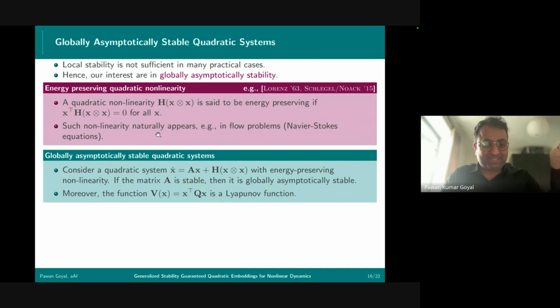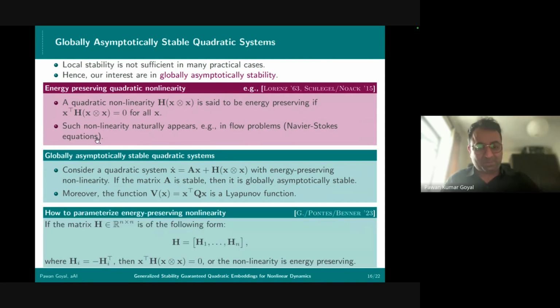But how to parameterize this kind of energy preserving matrices so that we can use them in the optimization sense? Typically we don't know how to parameterize this kind of nonlinearity if it is energy preserving, x transpose H(x, x) equals 0. But if we parameterize your H matrix, which you can think of as a Hessian, then you can think about this H as consisting of several skew symmetric matrices.